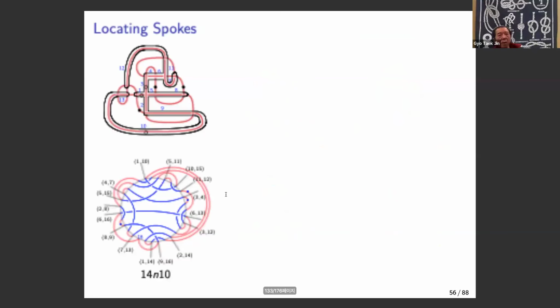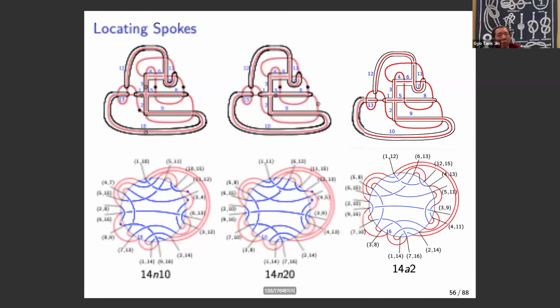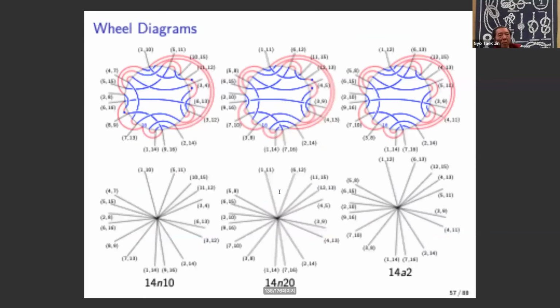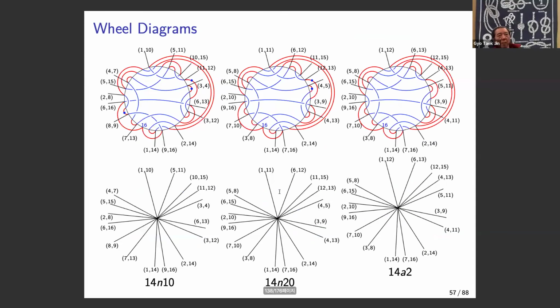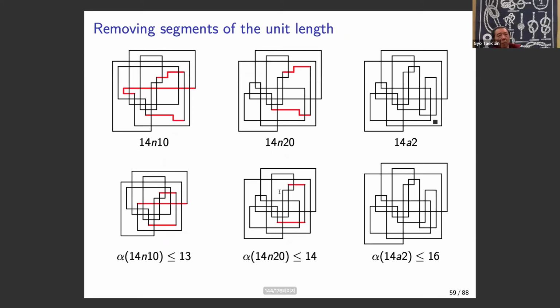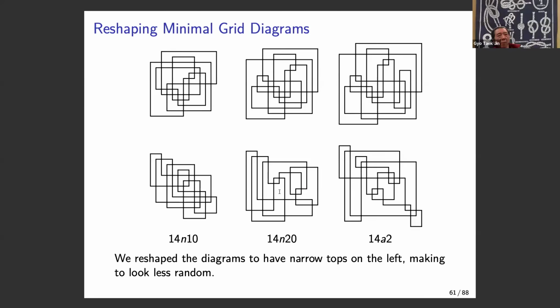And then for this one, for 14 and 20, we reduce by 2. So like this. And then you have this lower bound from the Kauffman polynomial breadth. So these knots have arc index 13, 14, and 16.